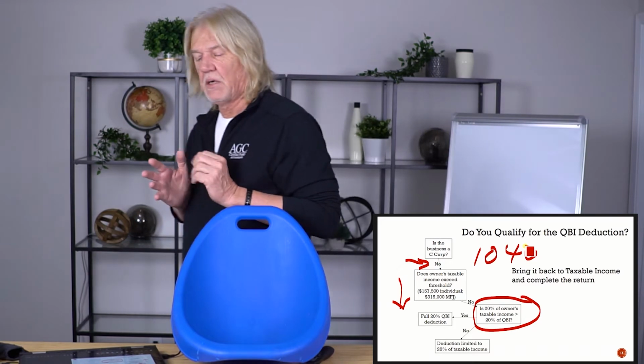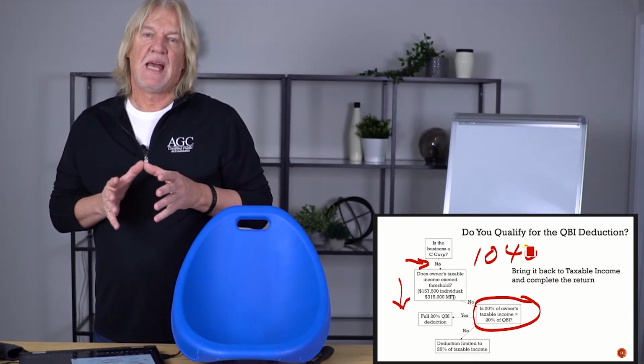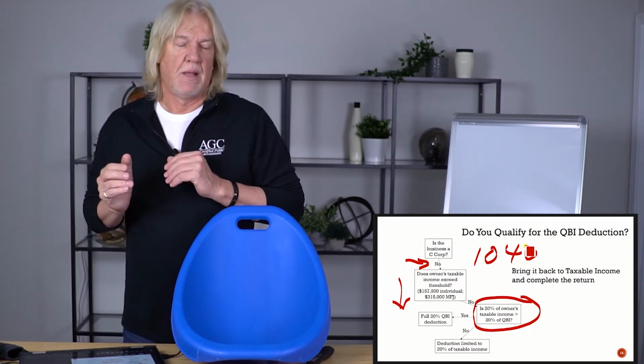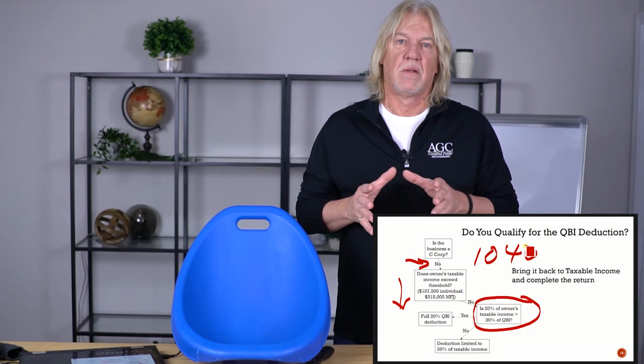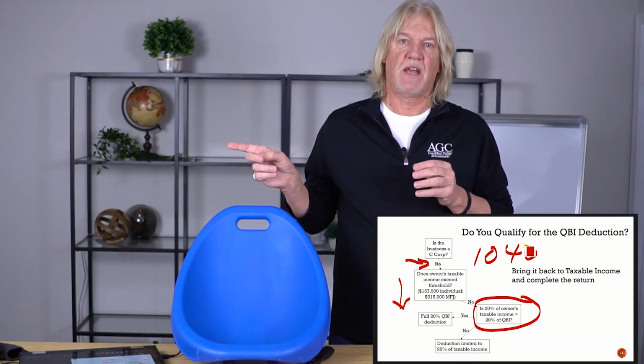See, over here on Schedule A, medical expenses has a different threshold number than over here on AMT. We've got 10% over here, most years we have 7.5% over here.